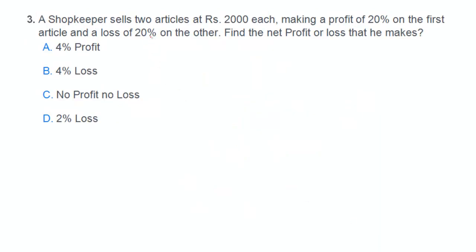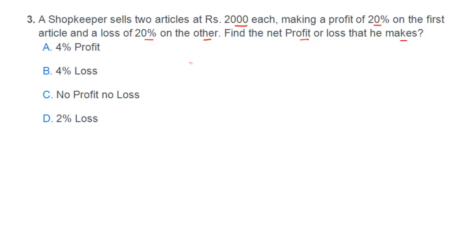Let's take the next question that says: a shopkeeper sells 2 articles at rupees 2000 each, making a profit of 20% on the first article and a loss of 20% on the other. Find the net profit or loss that he makes. Options are given in percentage. There is a formula for this question.